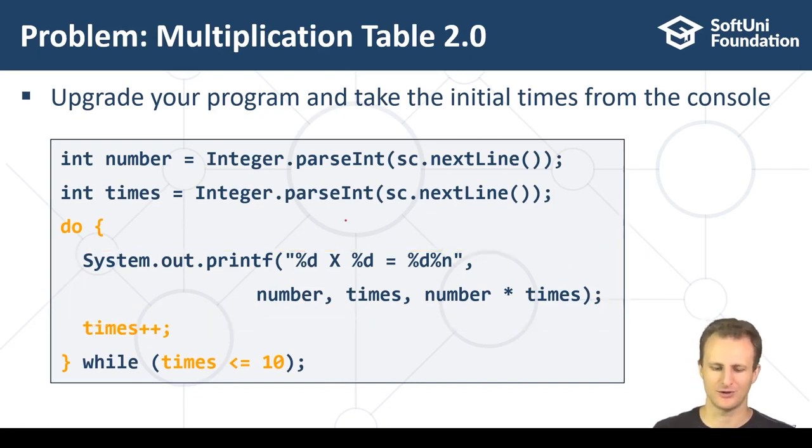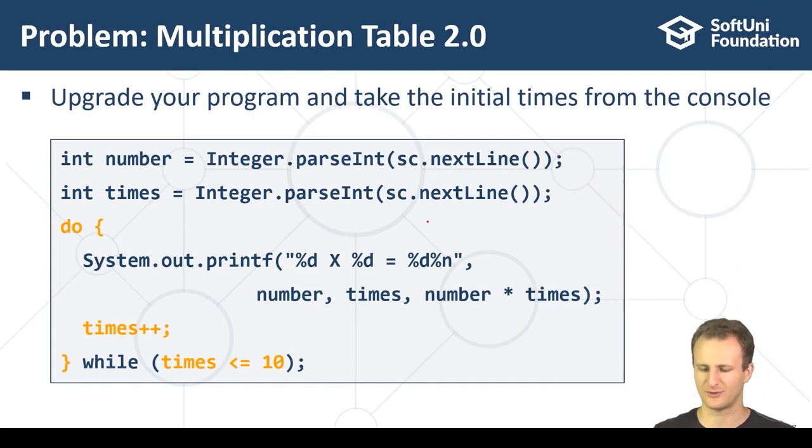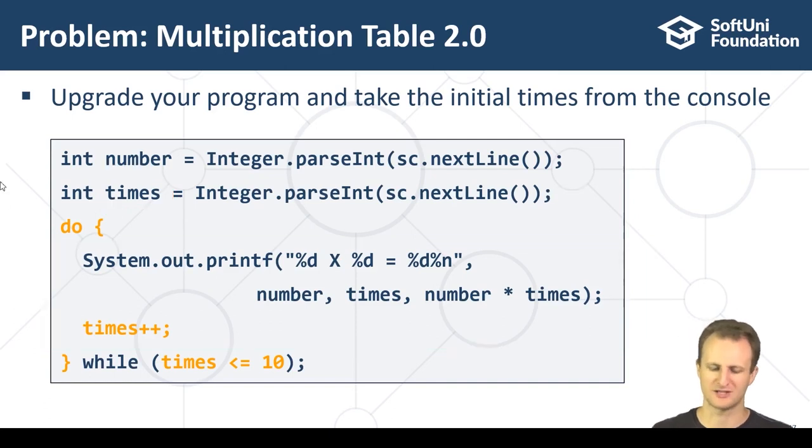So even if you enter times starting from 10, you would still see times starting from 11. If you enter times starting from 11, this do while loop will execute once and display the number multiplied by 11, whereas the normal while loop will not do that. And it really depends on what task you're solving, whether you really want that printed or not.